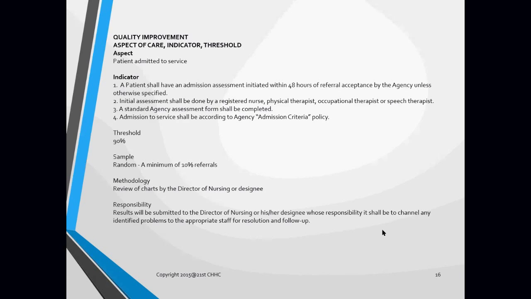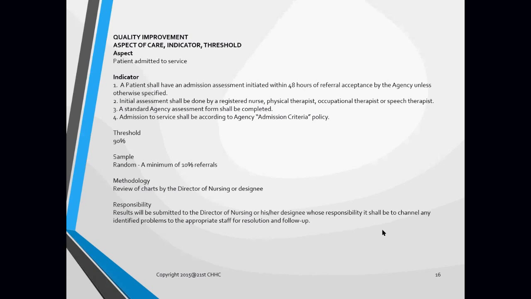This is an example of one of the indicators that's in your QAPI policies. This is the one, patient admitted to service. So you can see we've identified the indicator. The indicator is just a snapshot of what your policy states.